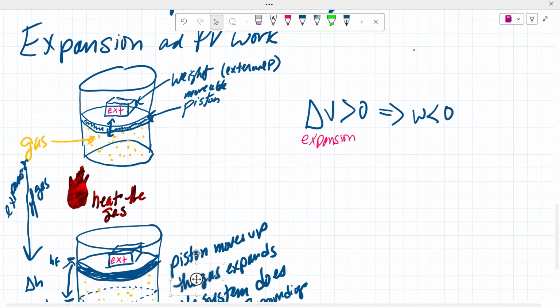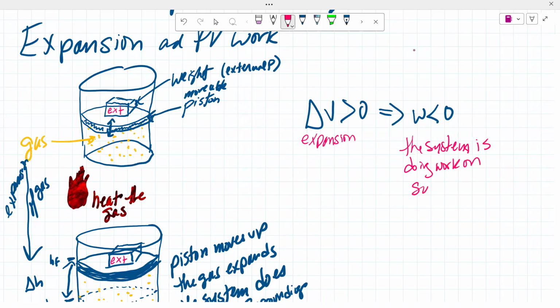And the work is negative because the system, that is the gas inside the piston, is doing work on surroundings. In other words, this pressure or the weight is the external surroundings.